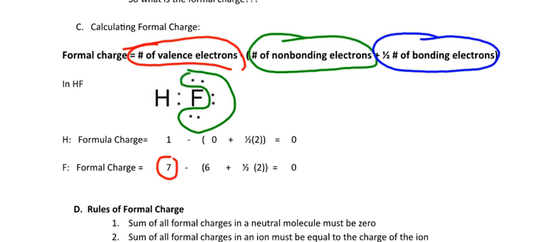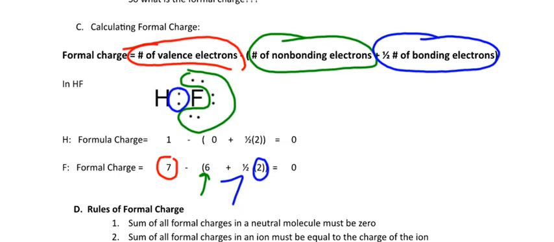And if you count them all up, that's your 6. And once again, the same number of bonding electrons right here. Okay, those are my 2. And let's see what happens. Well, what's half of 2? That's 1. 6 plus 1 is 7. This is all 7. 7 minus 7 is, once again, 0.